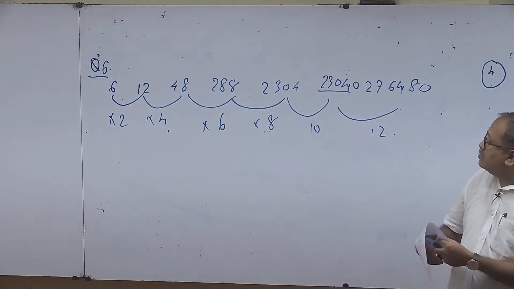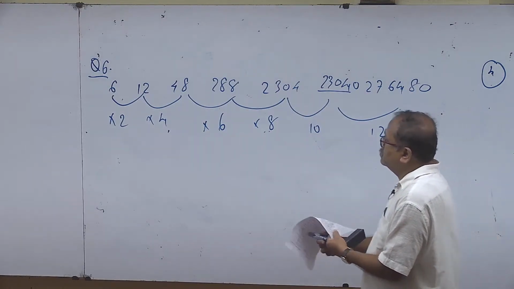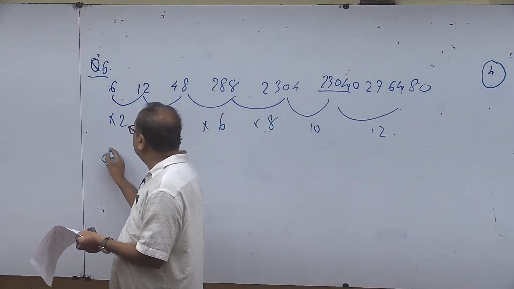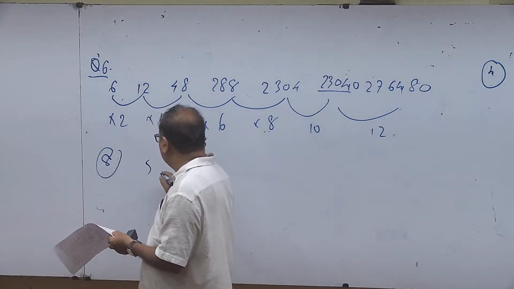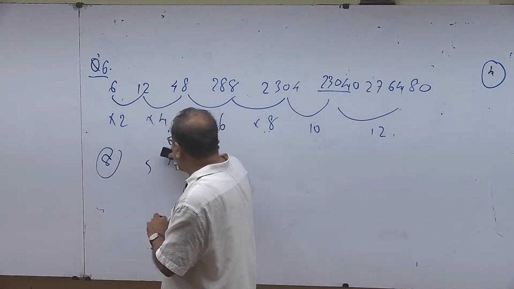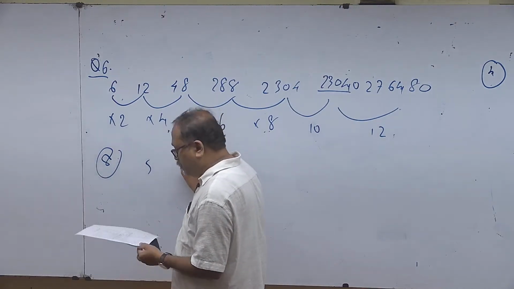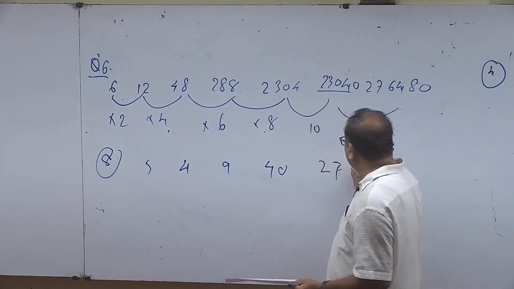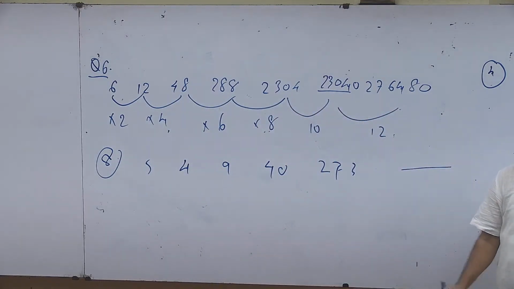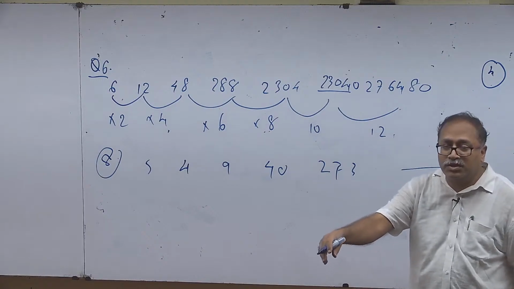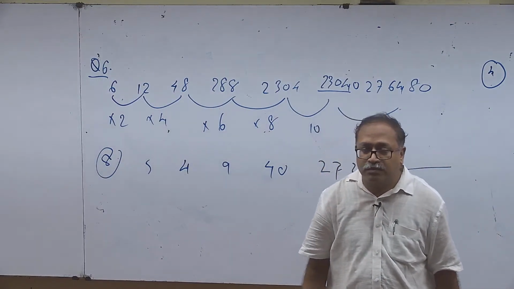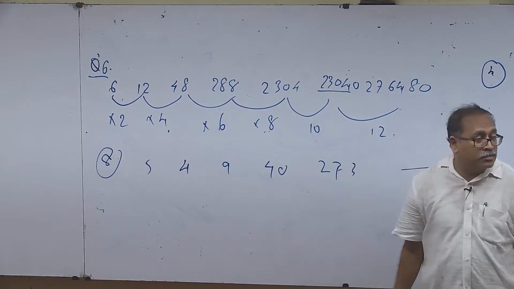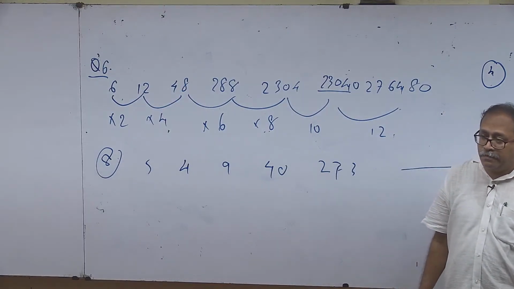Now question 8. Notice the flow of the number. After 5 we have 4, then 9, 40, 273, and that's 5 and 4, into 1 minus 1. The most probable relation is into 1 minus 1, because after that it starts increasing. Yes? Okay.